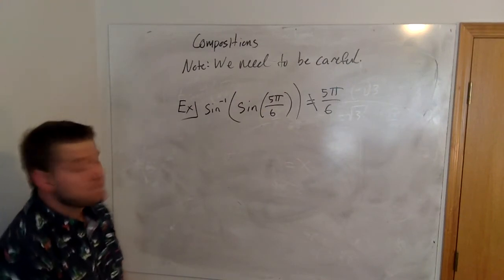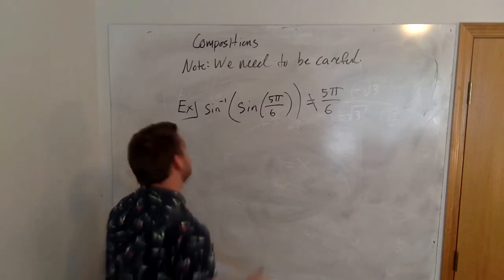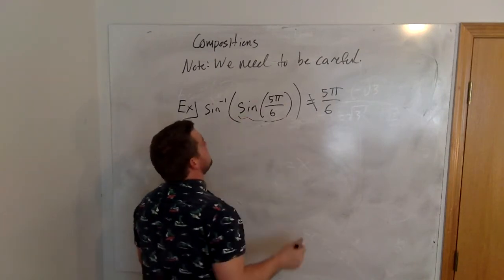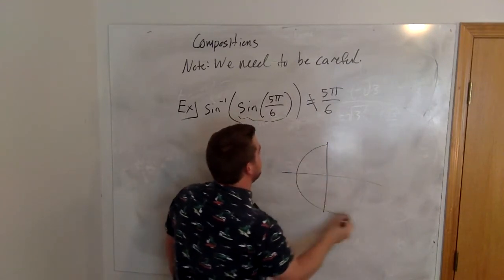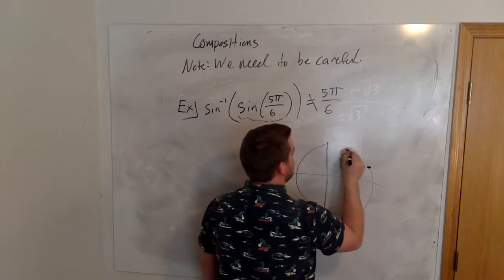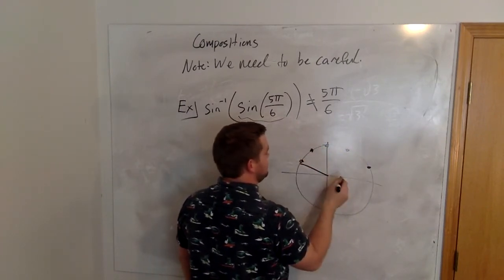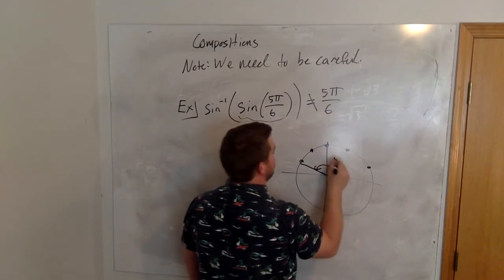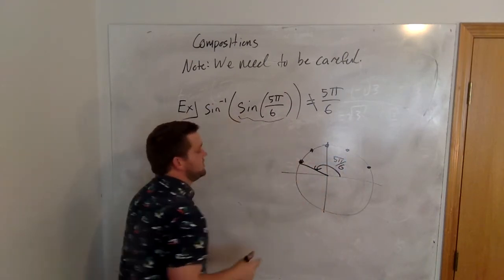Let's see why. What's going on here? Let's evaluate this from the inside out. Let's think about what sine of 5 pi over 6 is going to be. So let's look at it on the unit circle. I need to move 5 increments of pi over 6. So 1, 2, 3, 4, 5. We're right here on the unit circle. So here is an angle of 5 pi over 6, and I want to know what the y-coordinate is here.